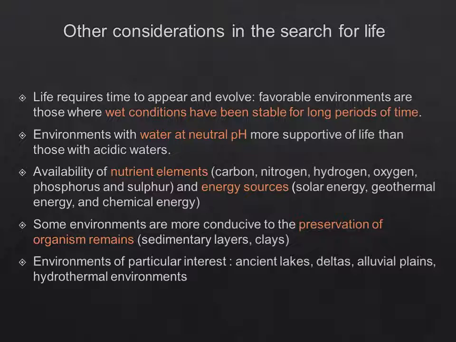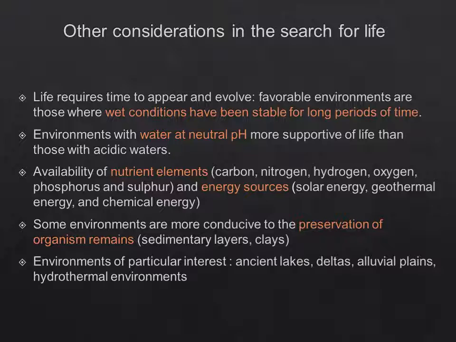Some wet environments are also more favorable to life than others. In particular, environments where the water is at a neutral pH are more supportive of life than environments with acidic waters. Life also requires nutrients such as carbon, nitrogen, hydrogen, and others, as well as energy sources. On Mars, this energy source may be solar energy, chemical energy, or potentially geothermal energy.